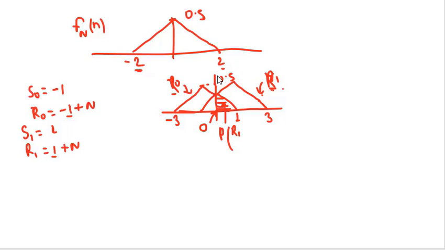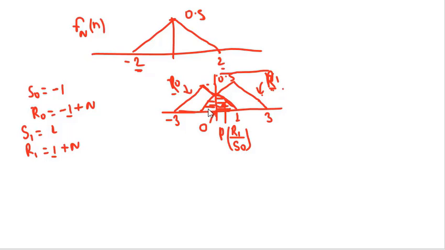So this area is your R1 region, so this is received symbol as R1, but given that this symbol has been transmitted as S0 at the transmitter side.